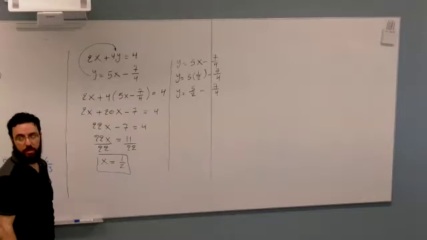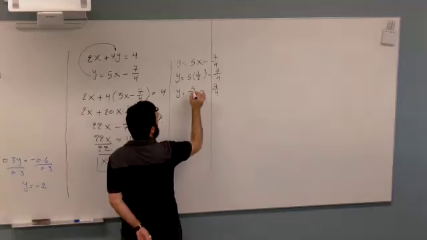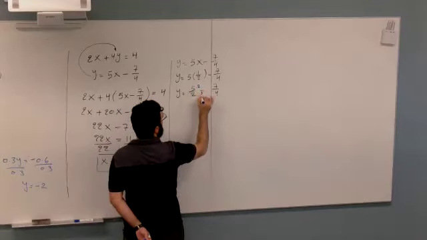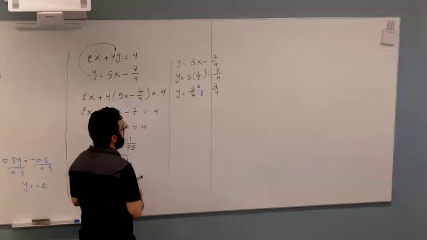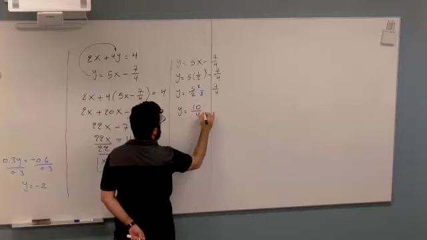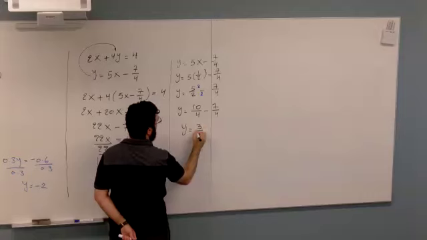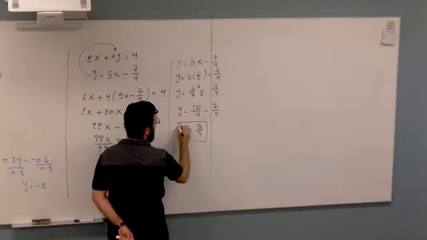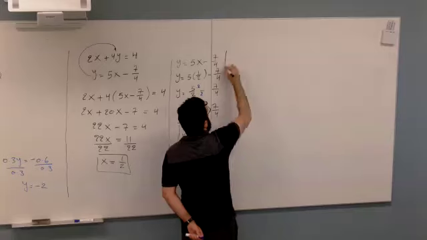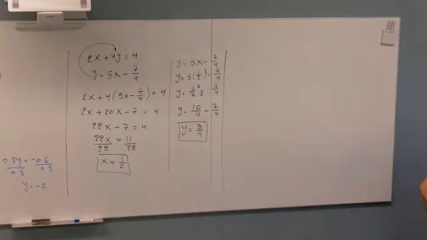I have to get the same denominator, so I'm going to multiply this one by 2. So it's going to be y equal 10 over 4 minus 7 over 4. We have the value of x, and we have the value of y.